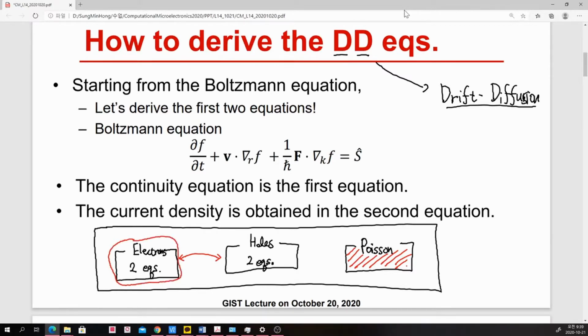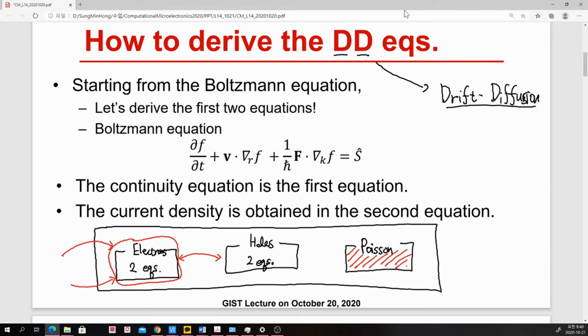The derivation for holes follows exactly the same procedure, so I will not repeat it. The remark is, although we will derive only 2 equations, that just makes a set of 5 equations.